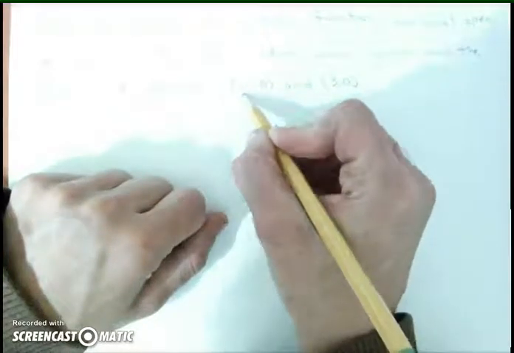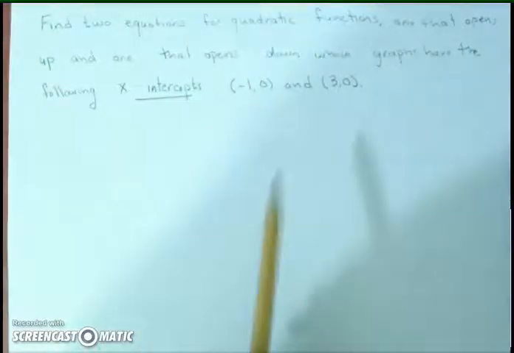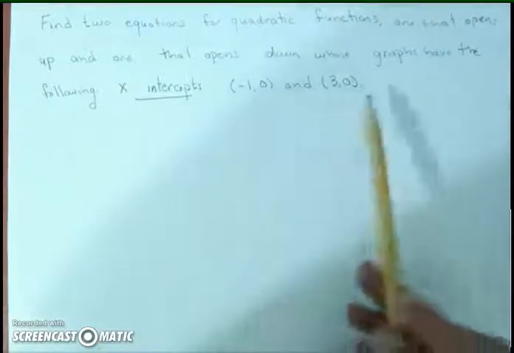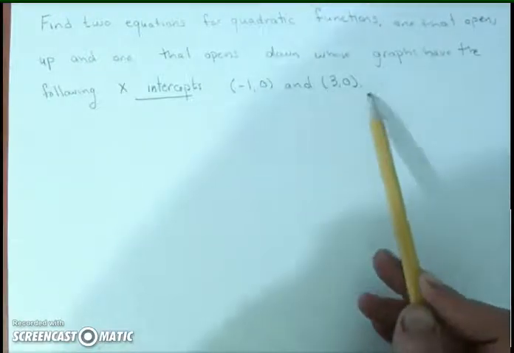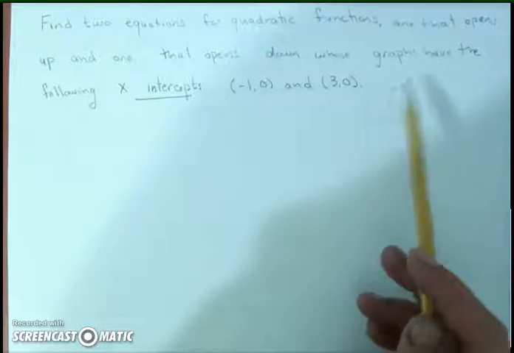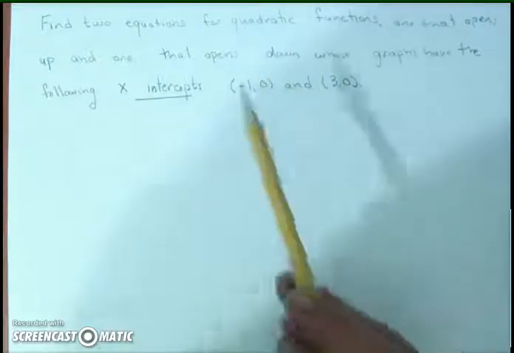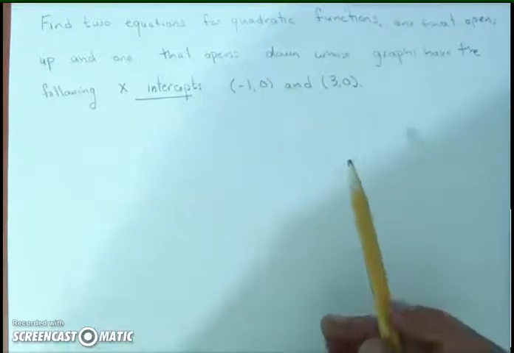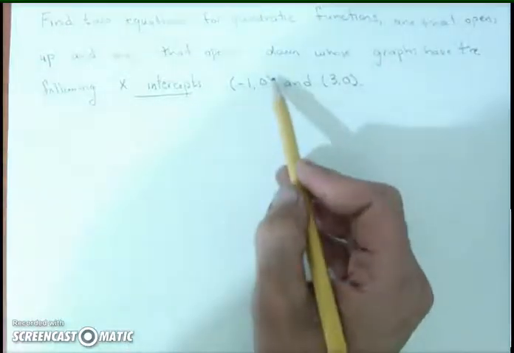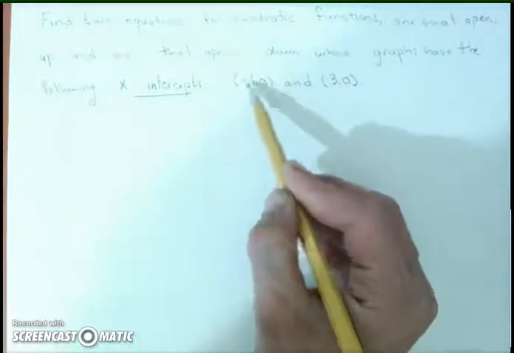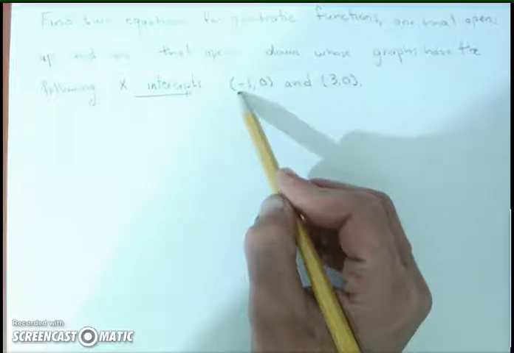When I plug in -1, I'll get out 0 from my equation, and when I plug in 3, I get out 0 from my equation. So this is a little bit tricky unless you've seen an example like it before. Can you think of a really easy equation that when you plug in -1, you get out 0?